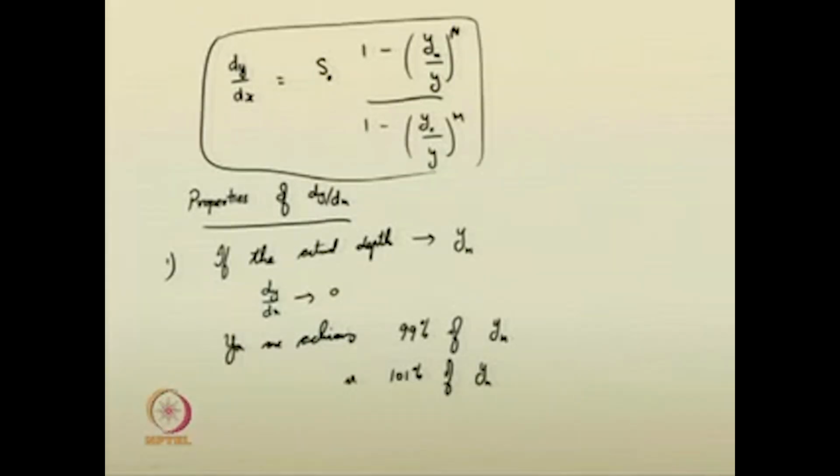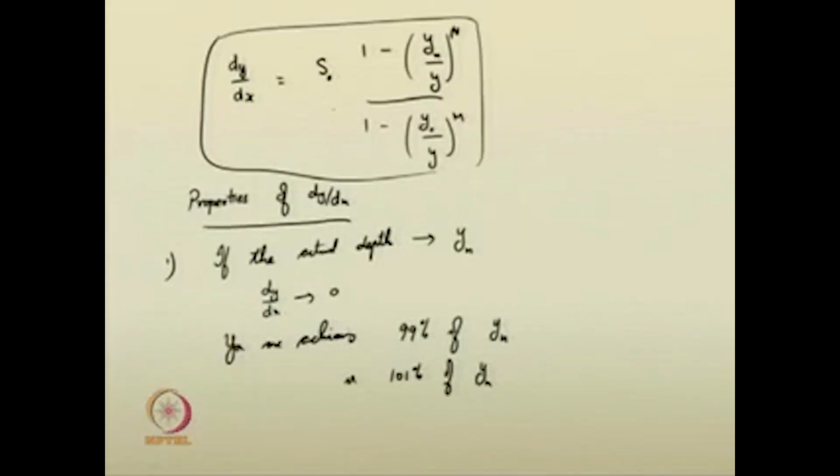Why? Because if the actual depth is tending to normal depth, dy by dx is 0, and the normal depth phenomenon is only a theoretically possible condition. As we mentioned earlier, dy by dx tends to 0 when y tends to yn.